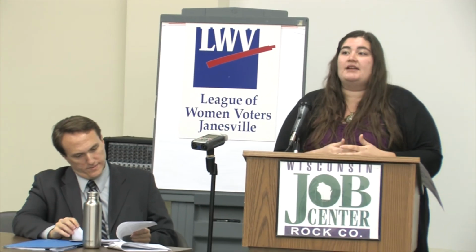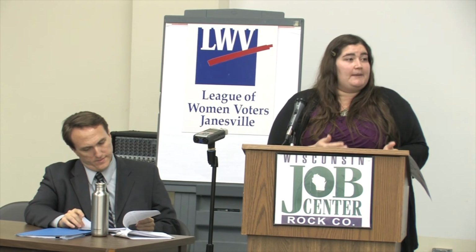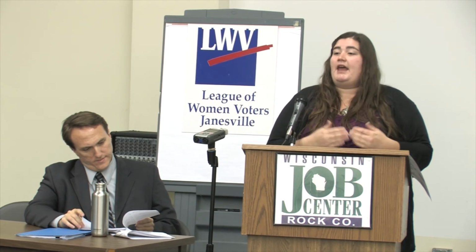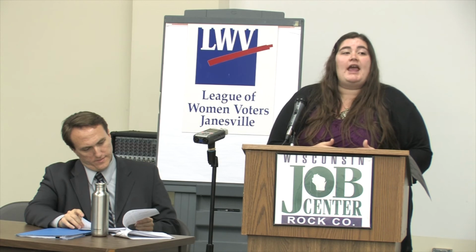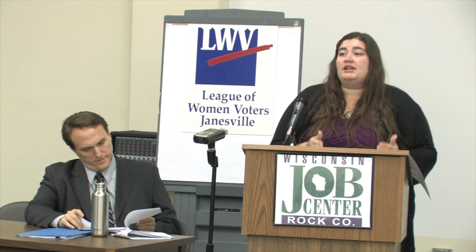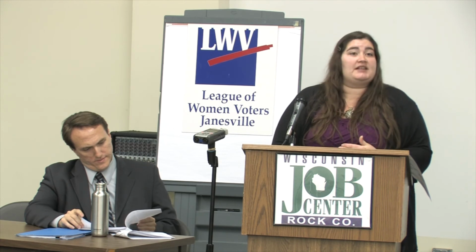So that's the identification card. But in order to use it for voting purposes, the card also has to be accompanied by a proof of enrollment, which is a document that you can tell is issued from the university or college, that has the elector's name on it and indicates that they are enrolled in that college for that semester.